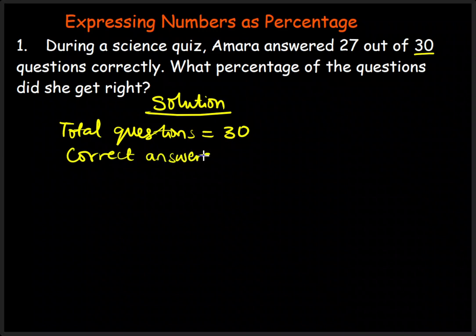So total questions 30, correct answers 27. Now we have to change from the number of correct answers to percentage of correct answers.